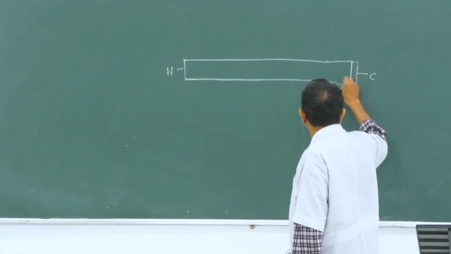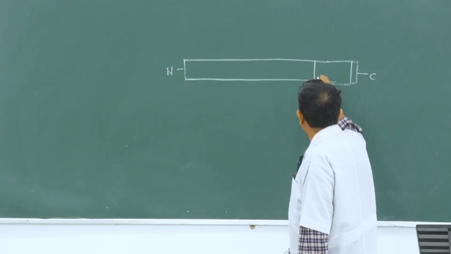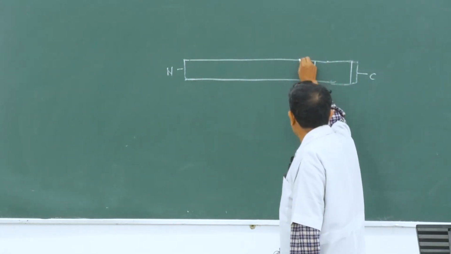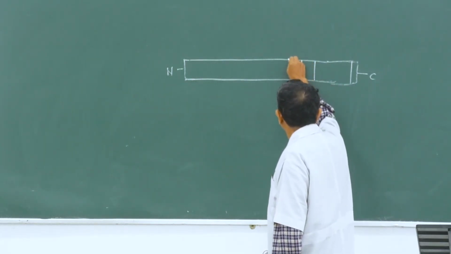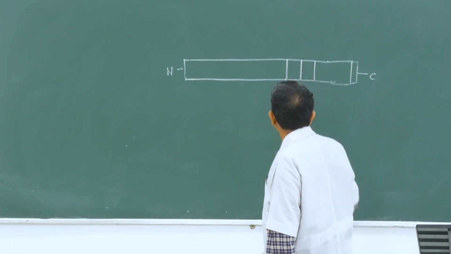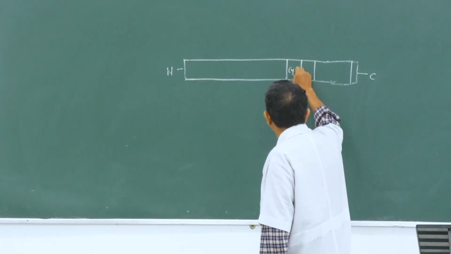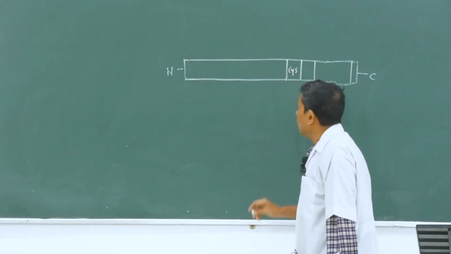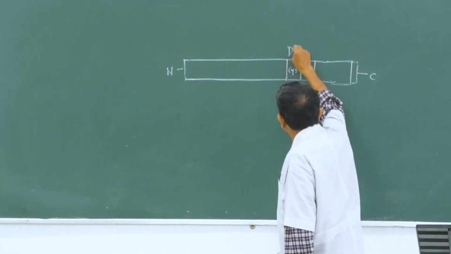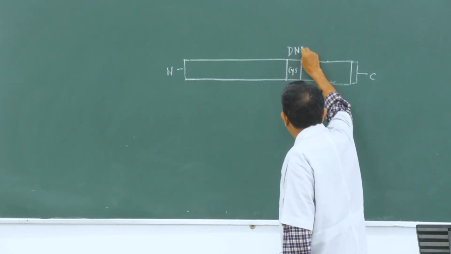At the C terminal end, there is the ligand binding region, and proximal to this is a cysteine rich region, which can bind with DNA.